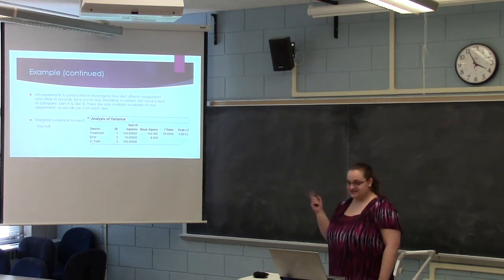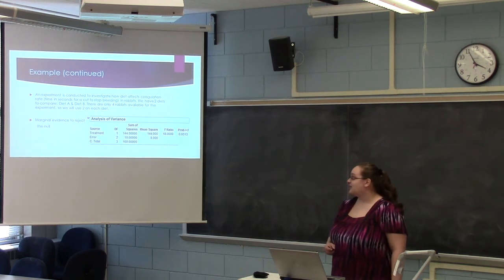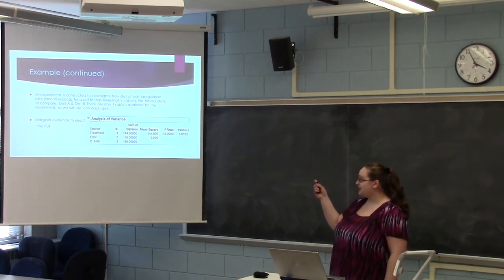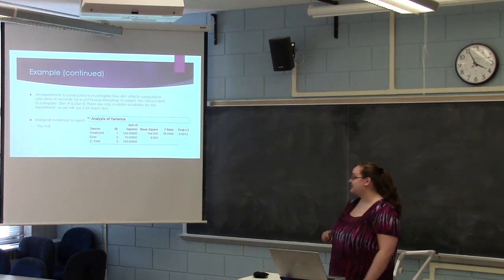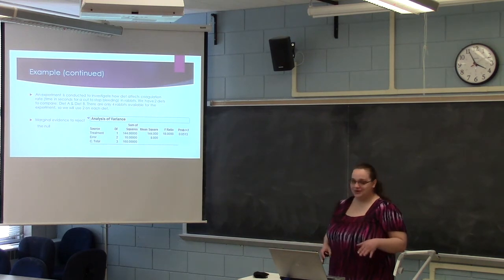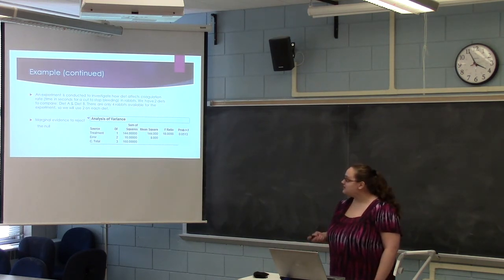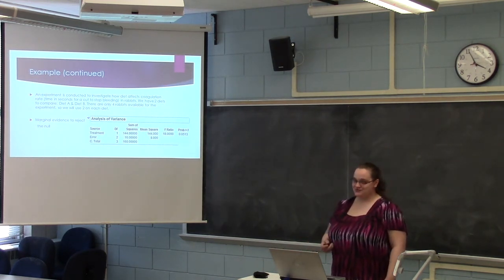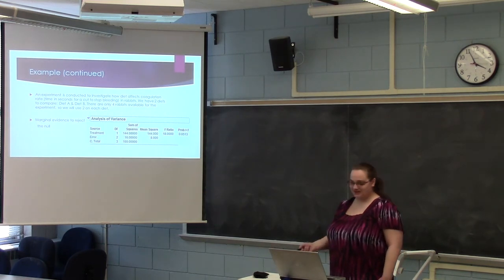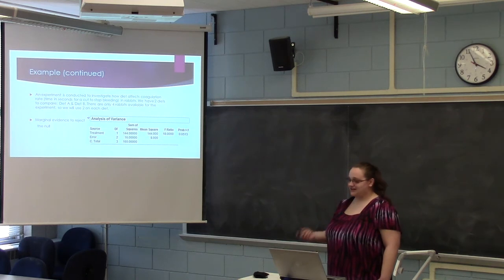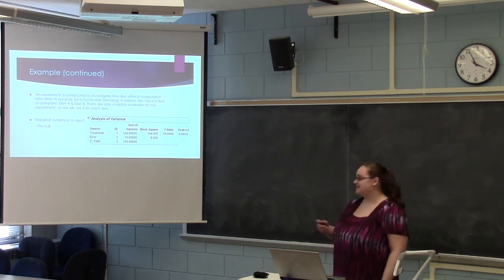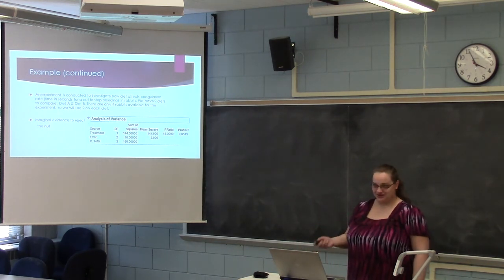And going back to the example with the coagulation rate in the rabbits, we can see that the p-value on the ANOVA table is 0.0513, so it's around the 0.05 mark, so we can conclude that there's marginal evidence to reject the null and conclude that there is a significant factor effect on your response variable, so that the diet does actually affect your coagulation in the rabbits.